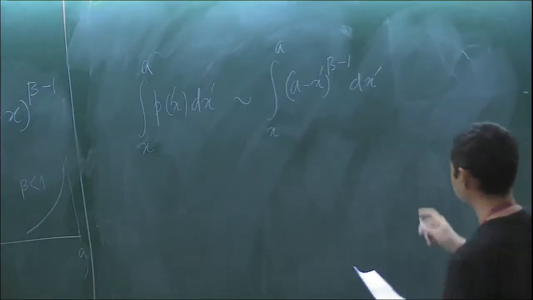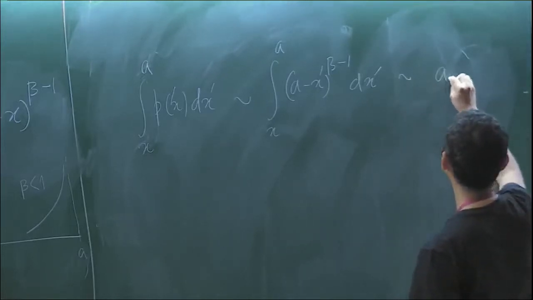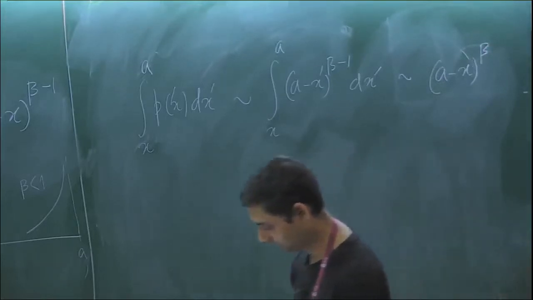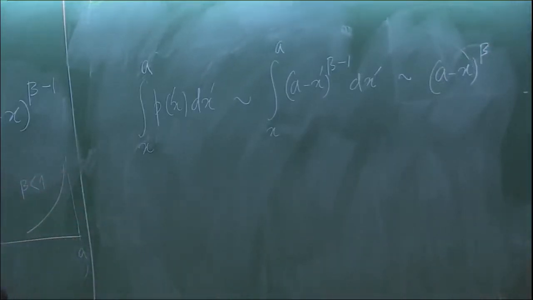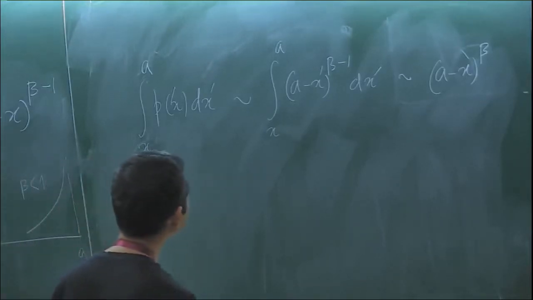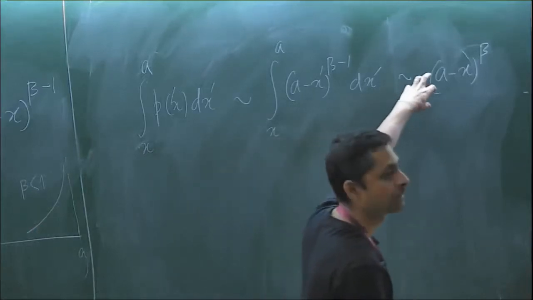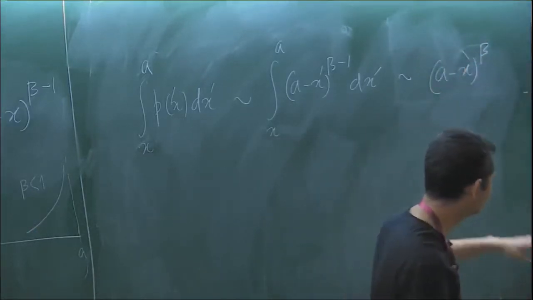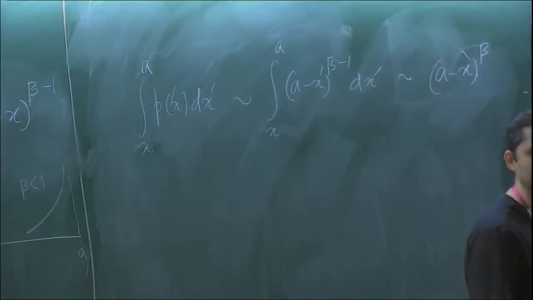So this goes like (A minus x)^beta, right? So there will be some prefactors. You can put all these prefactors in, and they will basically just change your an and bn, right?